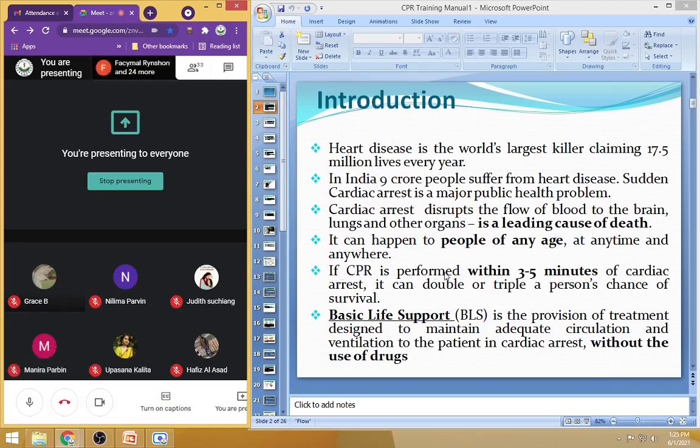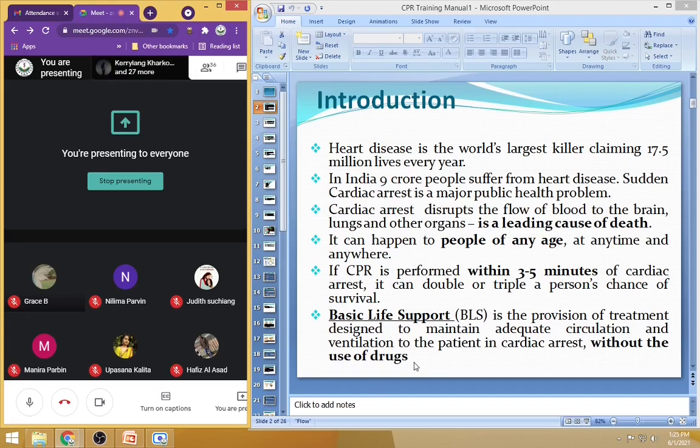If CPR is performed within 3 to 5 minutes of cardiac arrest, it can double or triple a person's chance of survival. According to the American Heart Association, basic life support, which we call BLS, is the provision of treatment designed to maintain adequate circulation and ventilation to the patient in cardiac arrest without the use of drugs.